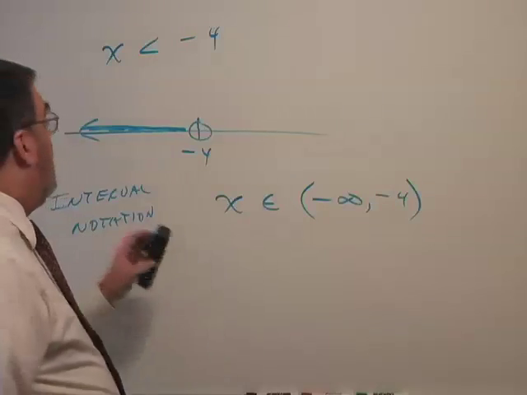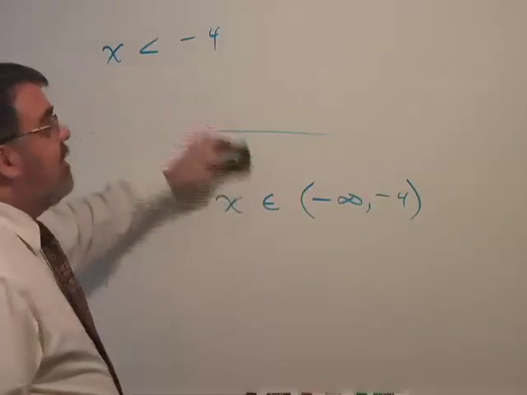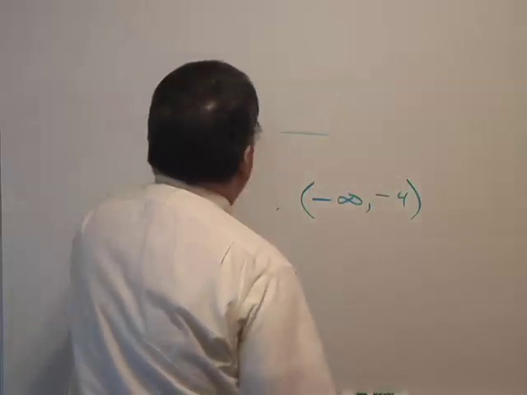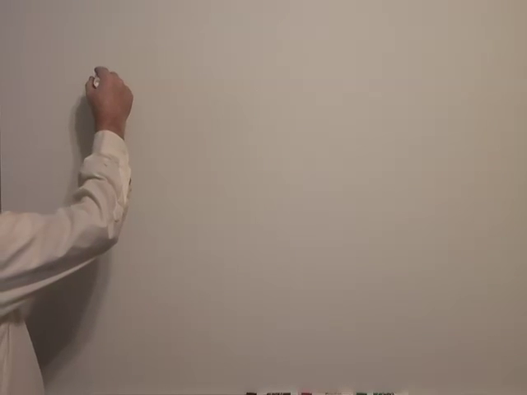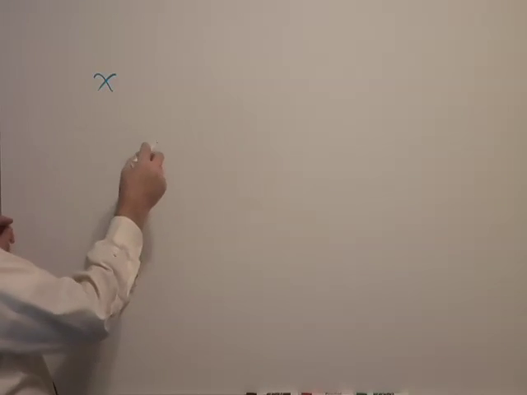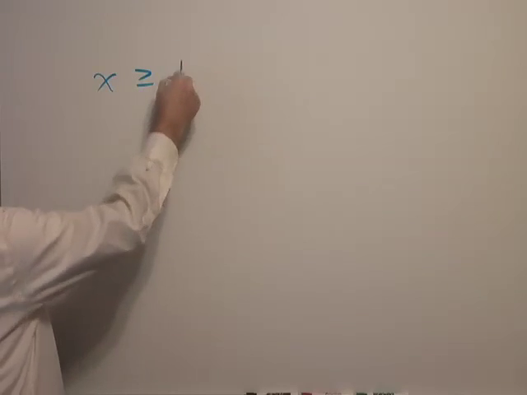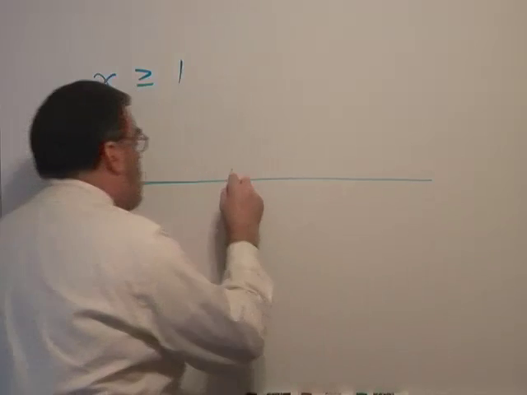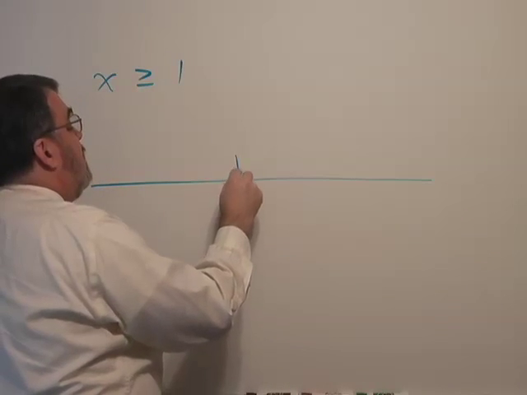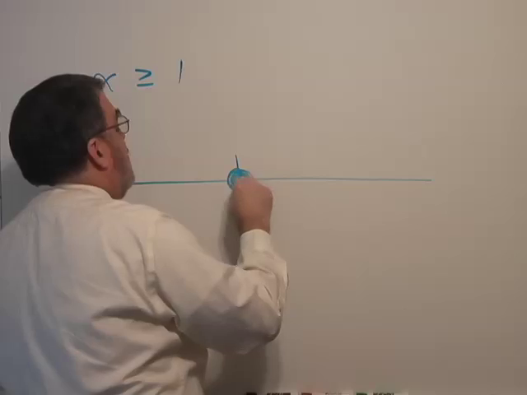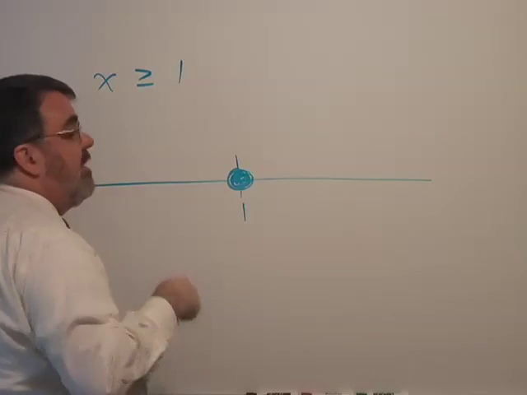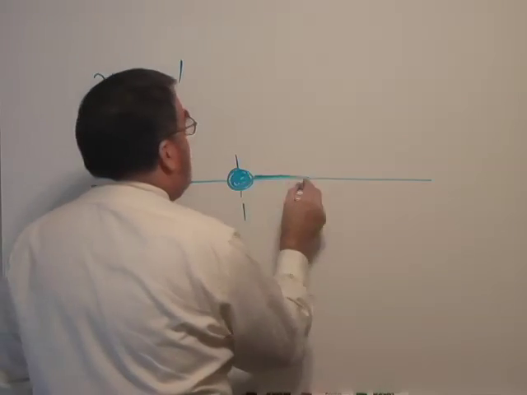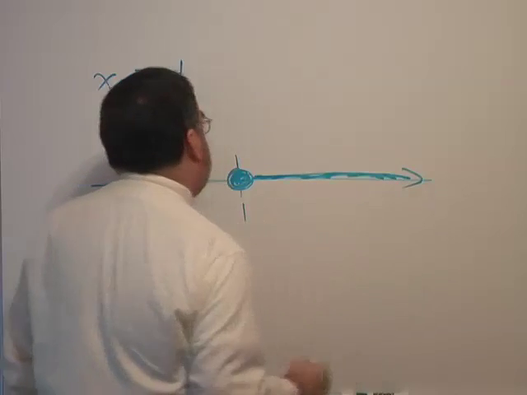I'll give you the other type of example that we'll run into right now, and let's do greater than or equal to. Suppose we get an answer x is greater than or equal to 1. Here's 1, and it's a closed circle this time because the equal sign includes the number 1 in our solution.